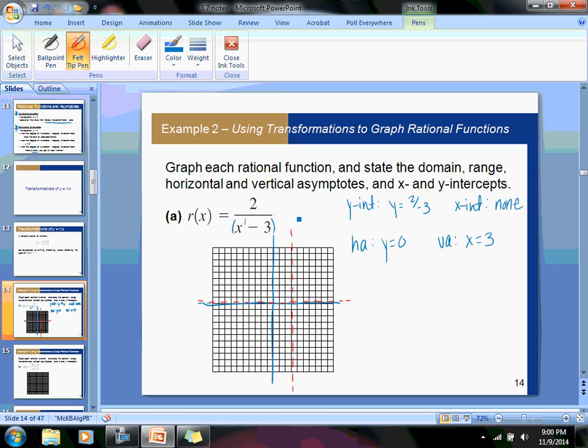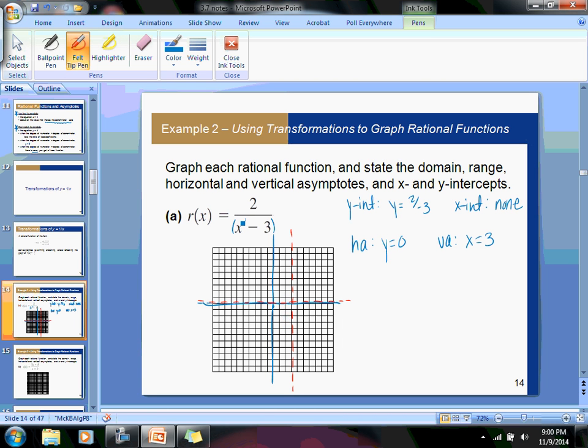I also know that my y-intercept is going to be 0 and then negative 2/3. So that's going to be right about here. So that tells me I get a negative value here. But if I plug in 2, 2 minus 3 would be negative 1. So that's going to be a negative value. Okay, 2 divided by negative 1 would be a negative value.